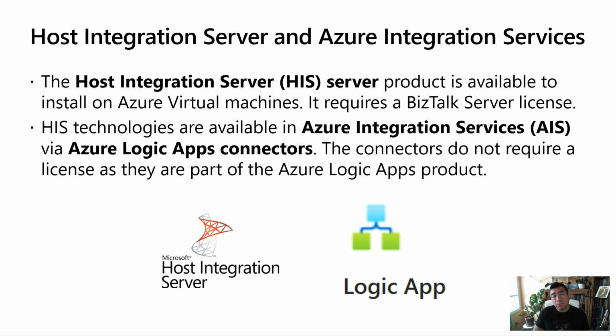For about 30 years, we've had this host integration server product that allowed connectivity between the mainframes and mid-ranges with Windows servers. This product is still available to install on Azure virtual machines, and it requires a BizTalk Server license. So you acquire a BizTalk Server license, and then you get the rights of using host integration server.